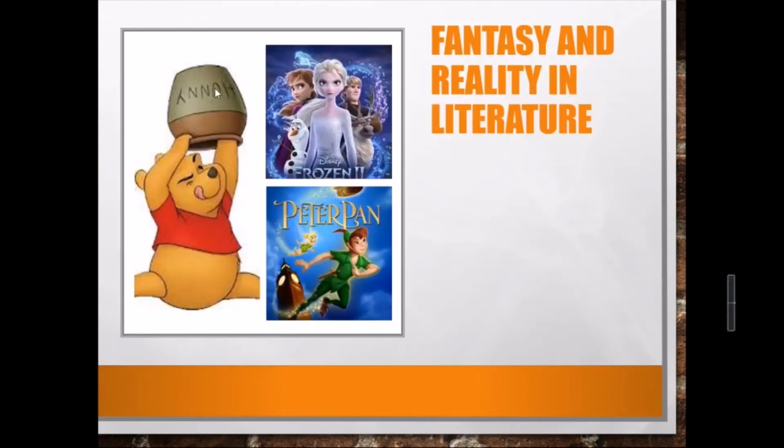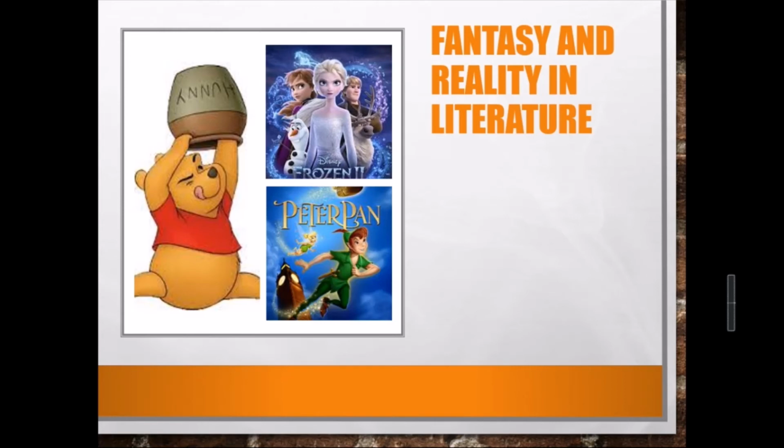So by merely watching that Alice in Wonderland video, I hope that you have differentiated reality from fantasy. As you see, Alice is from the real world and then went to a fantasy world with all the fantasy creatures that they have.